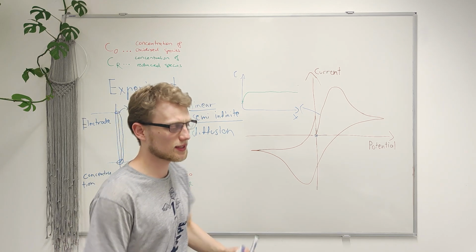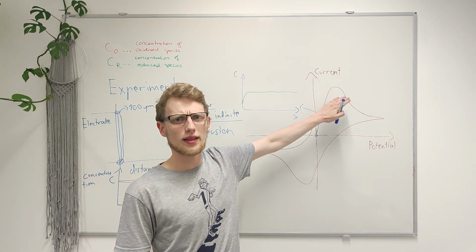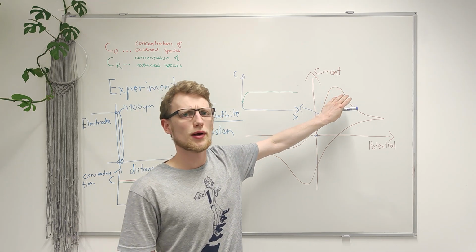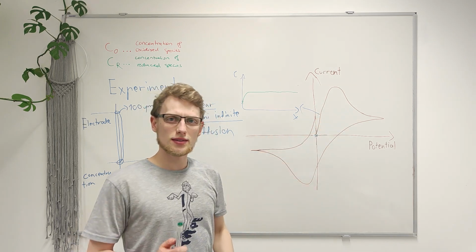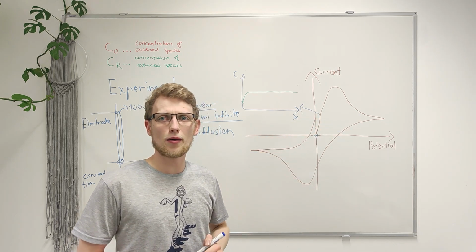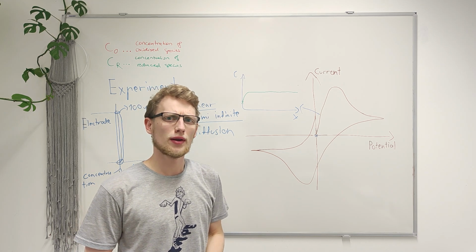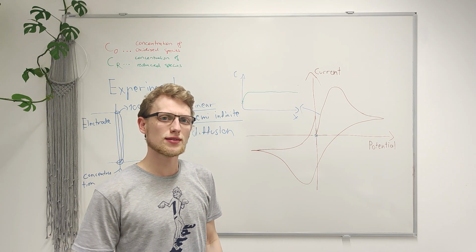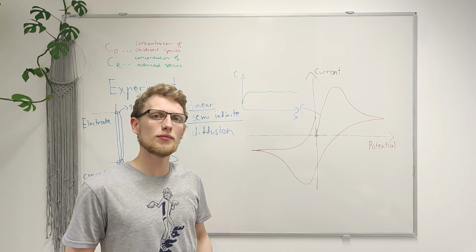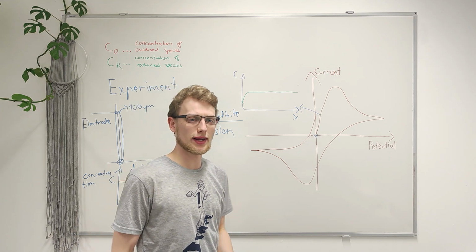That's the basic concept. So first we see the current rising in this experiment, but at some point it's going down again. This is where the reduced species is depleted at the electrode, and the limiting factor at this point is how fast new reduced species can be transported to the electrode to support the oxidation reaction.